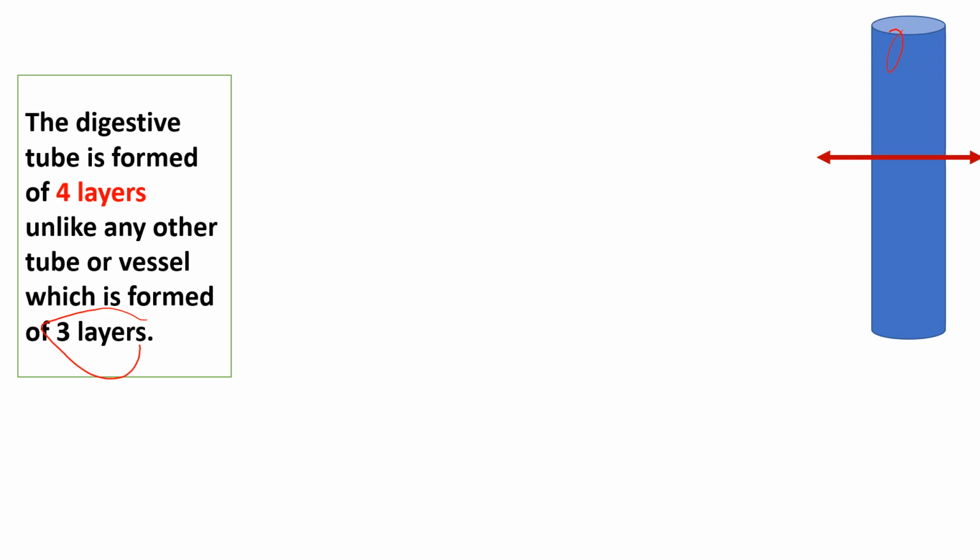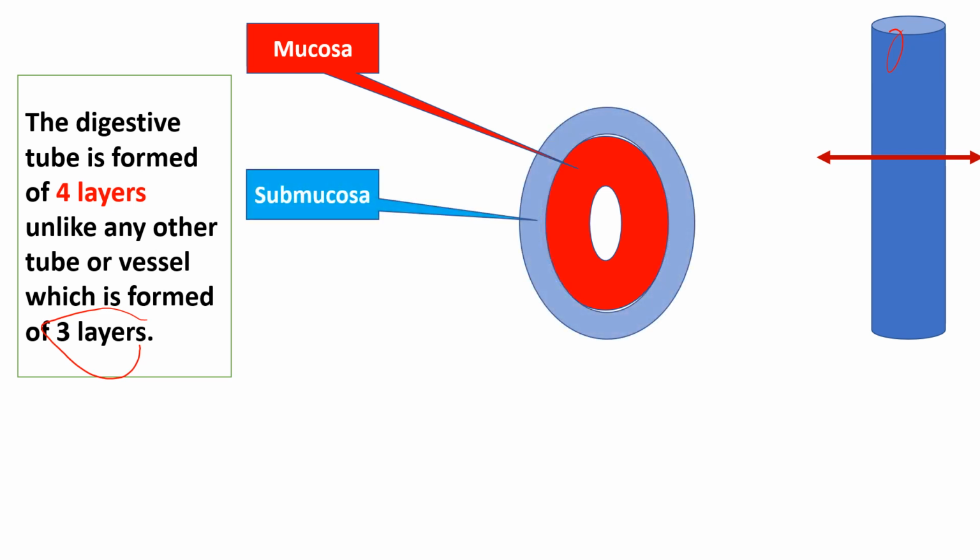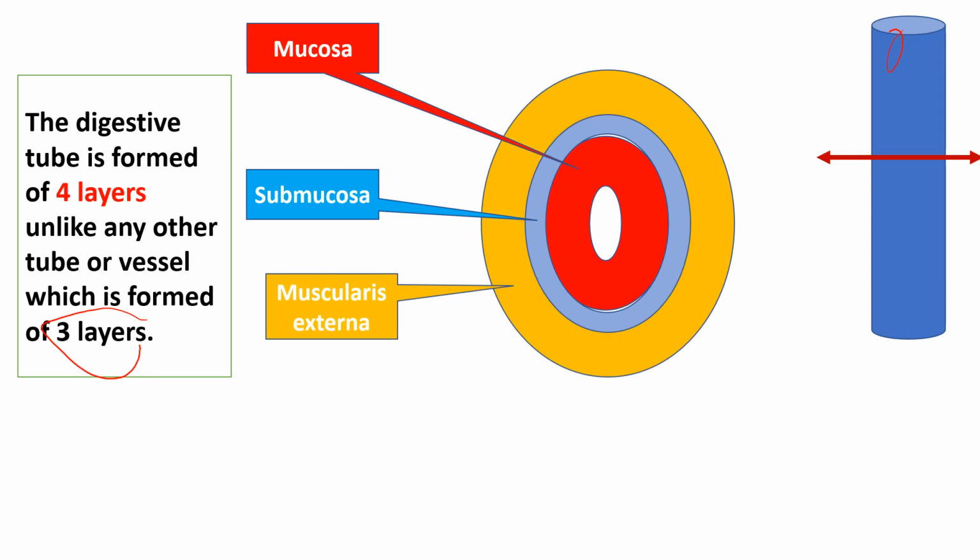From inside to outside, you will find epithelium with connective tissue beneath it. This layer will be called the mucosa. After that, there is another layer of connective tissue beneath the epithelial mucosa, the submucosa. From your previous study, you will find a muscle layer responsible for peristaltic movement. This will be the muscularis externa layer.